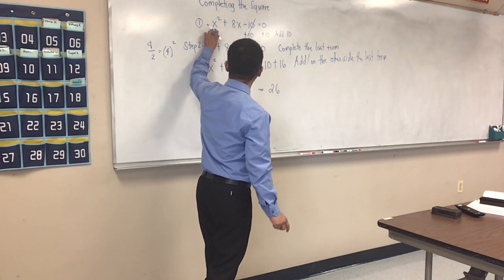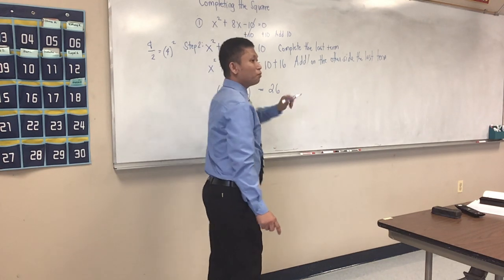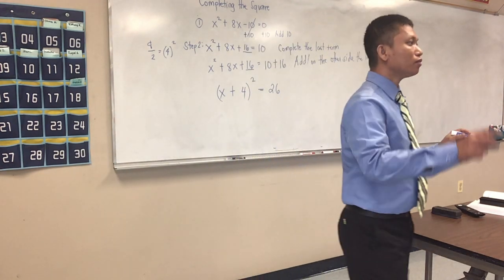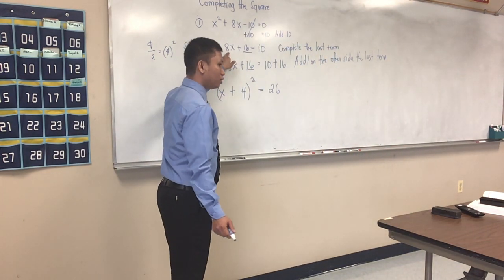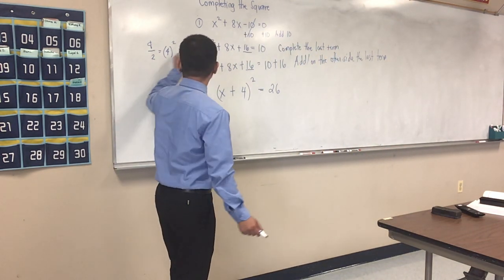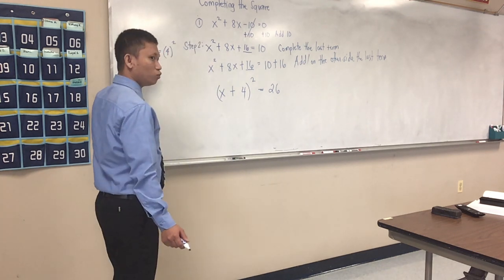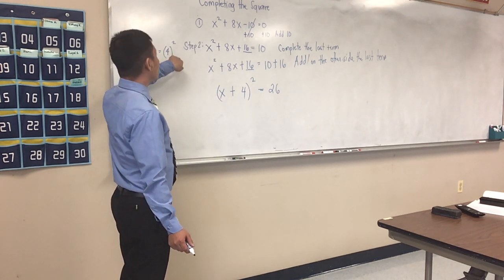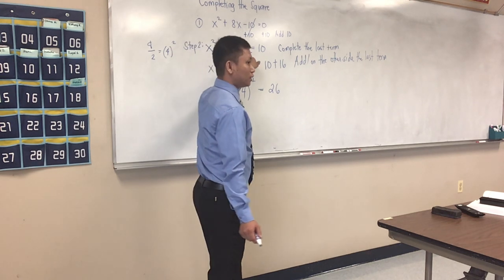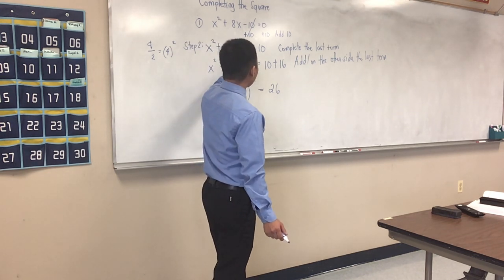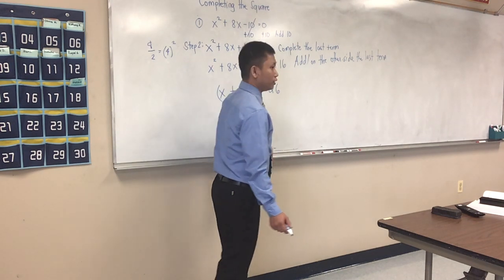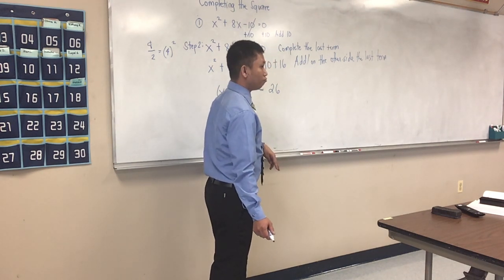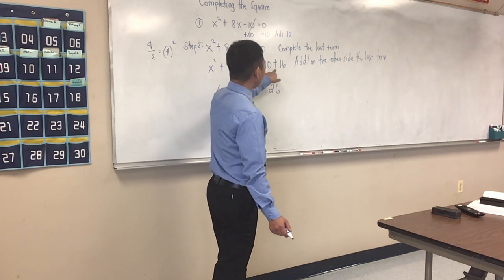We only have x squared plus 8x, so to get the last term, we divide the middle term by 2, then square. That's 8 over 2, then square. That's why we get 16. So we're also going to add 16 on the other side. Then 10 plus 16.